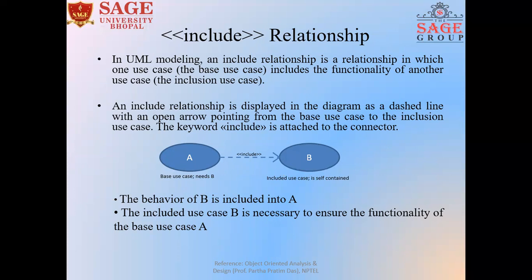It means the behavior of B is included into A, and the included use case B is necessary to ensure the functionality of the base use case A. So whenever the base use case is going to happen, it is compulsory that the use case B ensures the functionality of the base use case A. This is how we can use the include relationship between the two use cases.